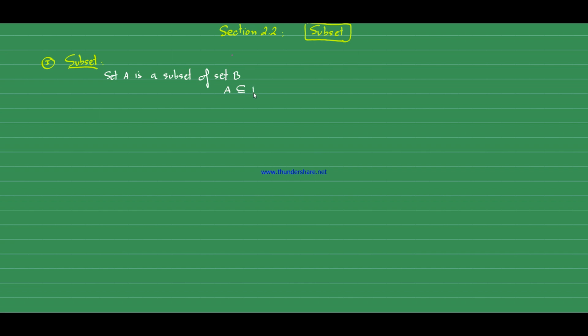This is a subset symbol. It looks like the letter U, a horizontal letter U, with a bar right here.